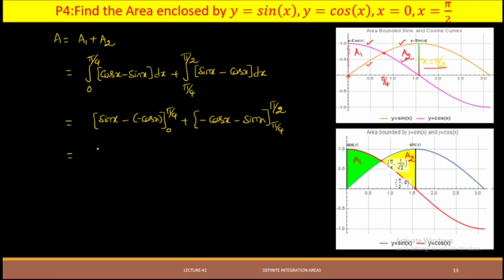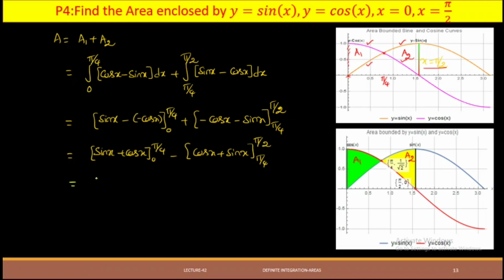Now this is equal to sin x plus cos x from 0 to pi by 4, minus cos x plus sin x from pi by 4 to pi by 2.